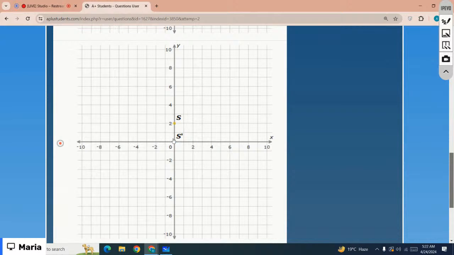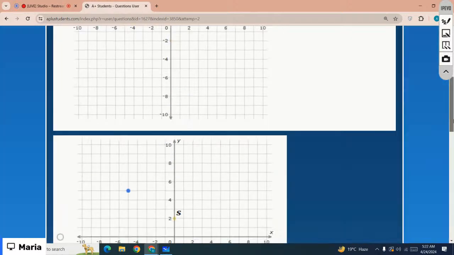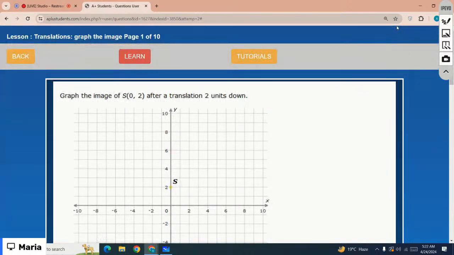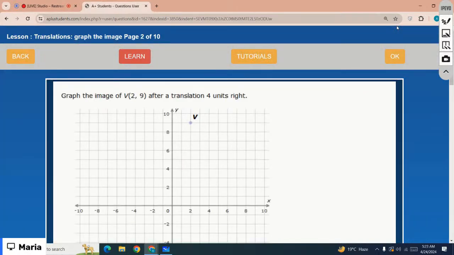You move from here to here. The second one is the correct option.